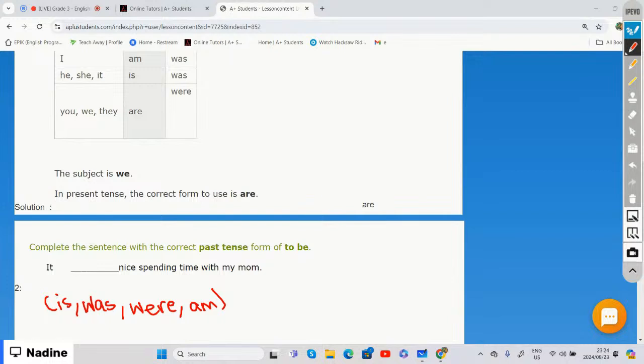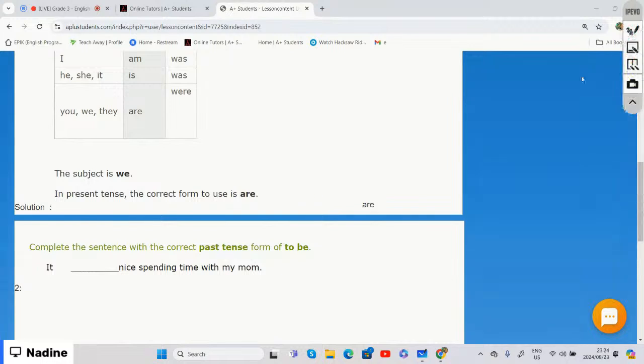And if we were to choose the correct one, we would say it was nice spending time with my mom, because we use the past tense form of to be, and we use was.